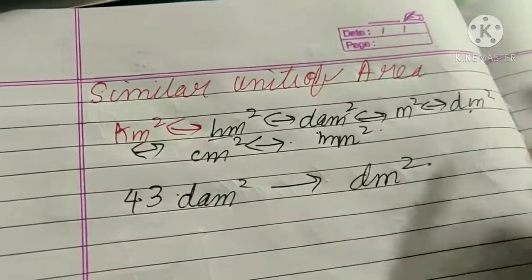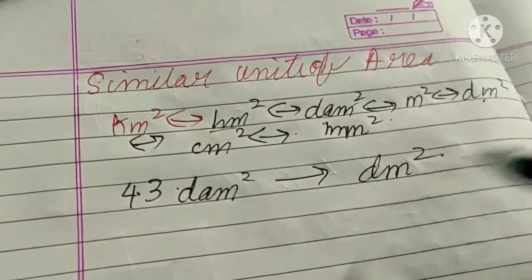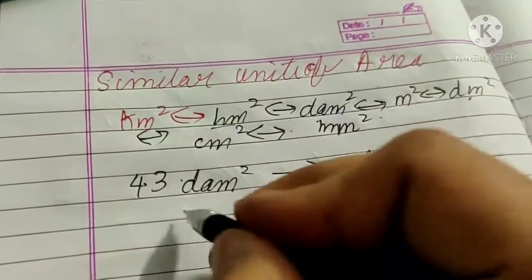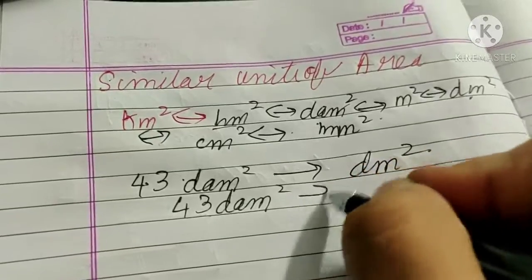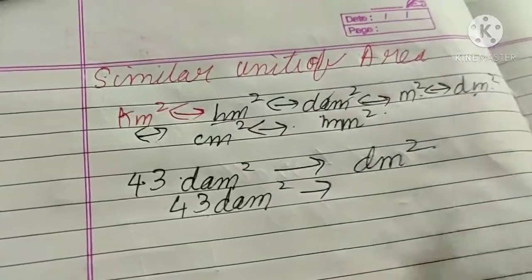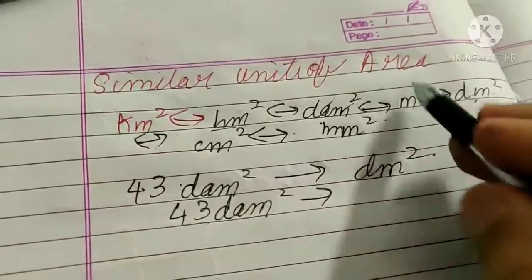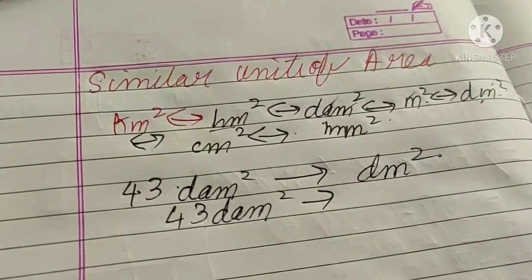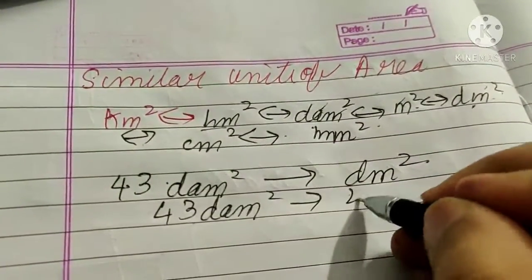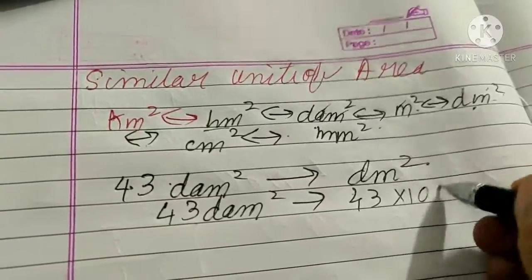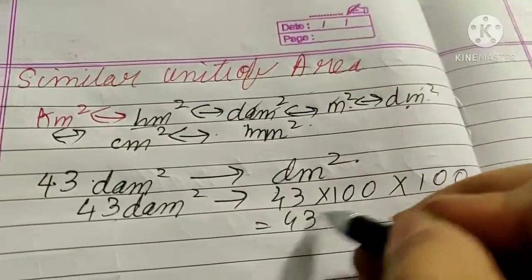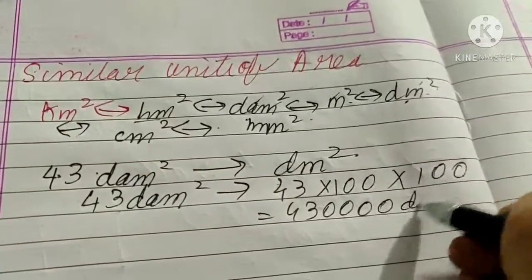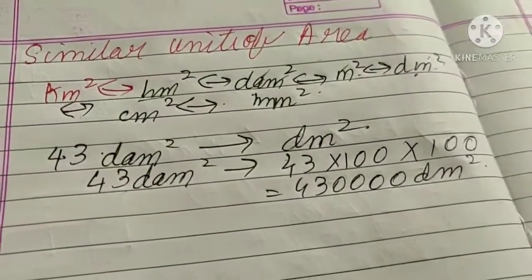Converting decameter into decimeter, how many positions? 1 and 2 to the right, that is 100. You will multiply not only by 100 but by 100 square.